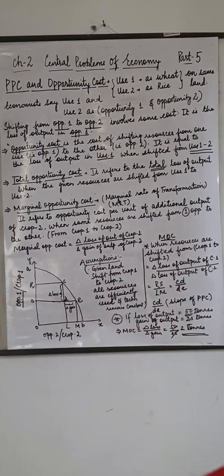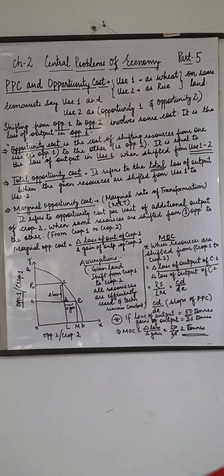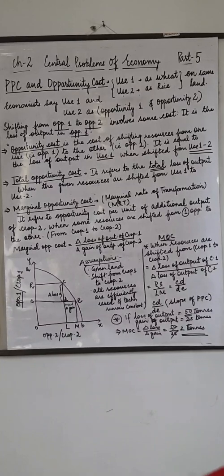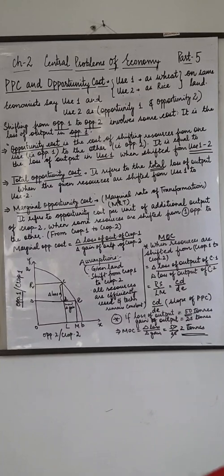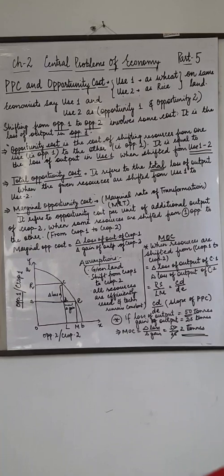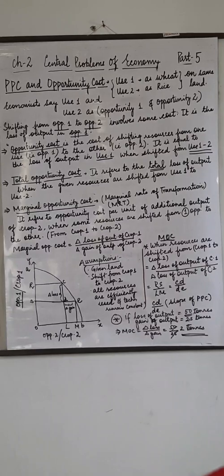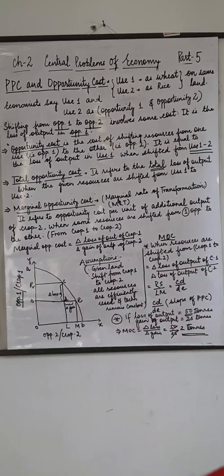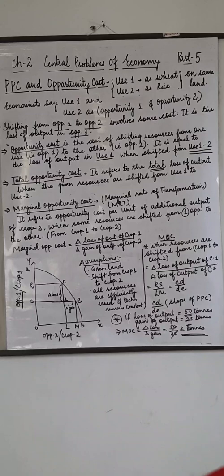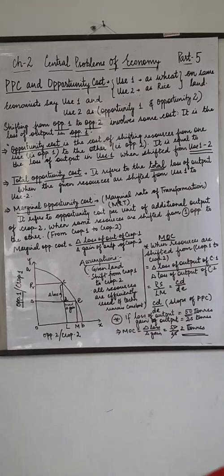Other than that, the assumptions on which this curve is made are that the resources are given, the resources are efficiently and fully utilized, and the resources and the technology don't change.